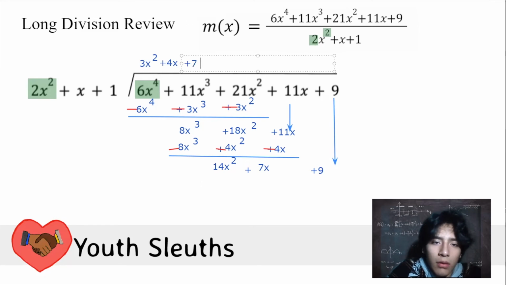And how many x's do I need? Well, I don't need any x's because I already have the required amount. So we do 7 times the divisor: 14x squared plus 7x and plus 7.